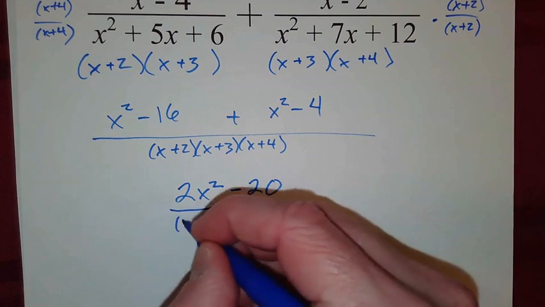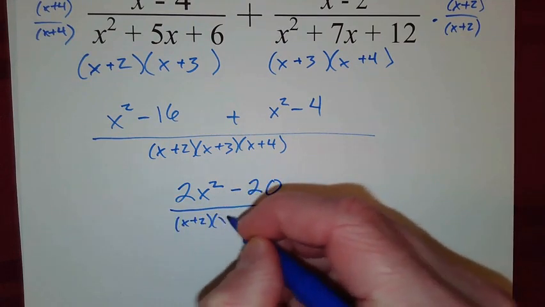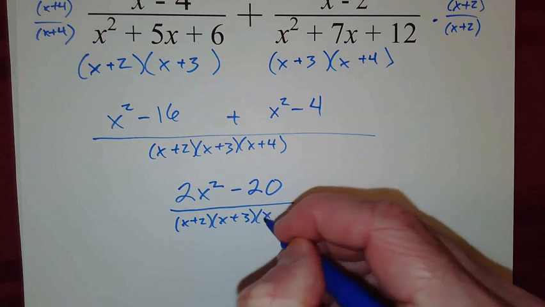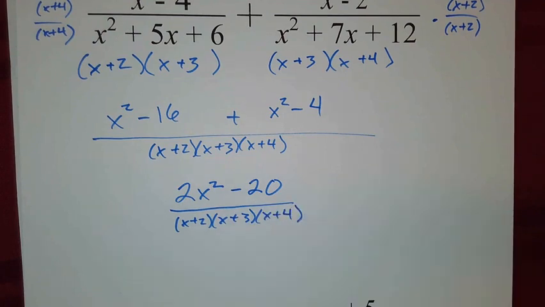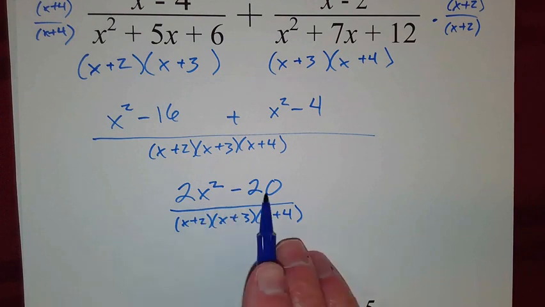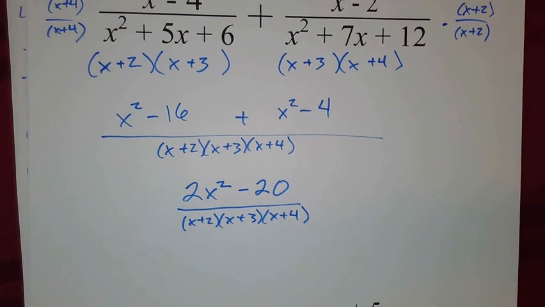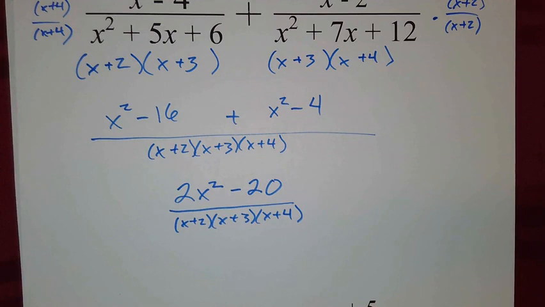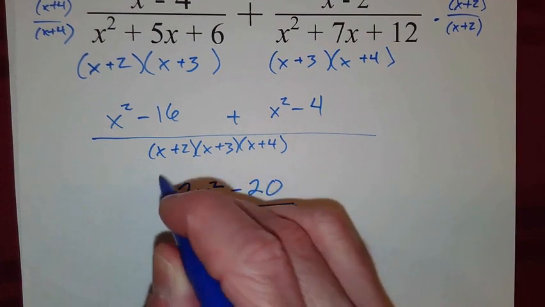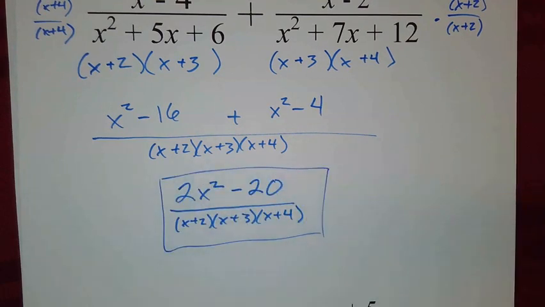All divided by x plus 2 times x plus 3 times x plus 4. If I factored out a 2, I would have x squared minus 10, which is not a perfect square. So that one I don't think is going to be factorable to get anything like what we've got here. So there we go. That is my answer.